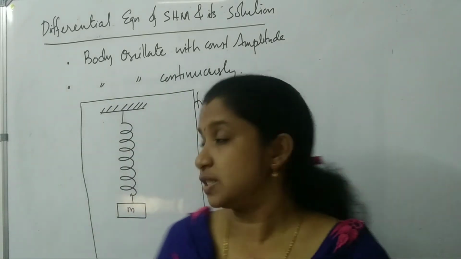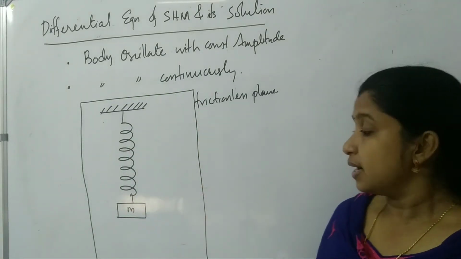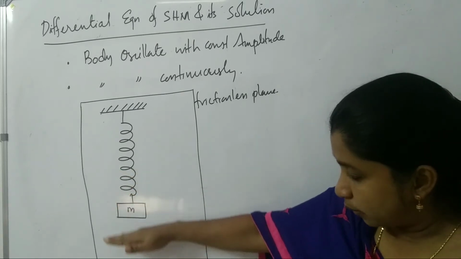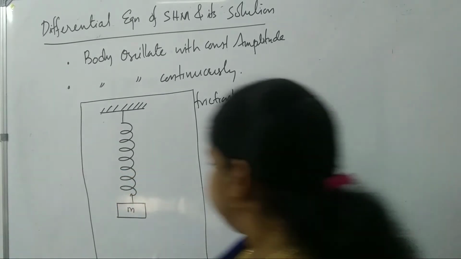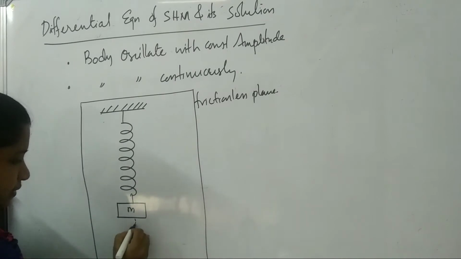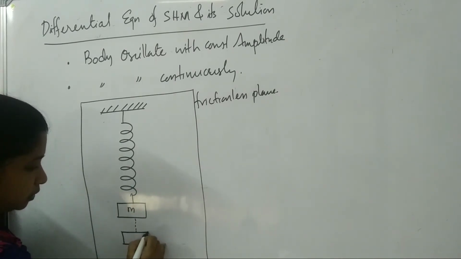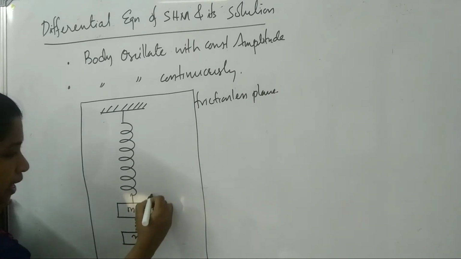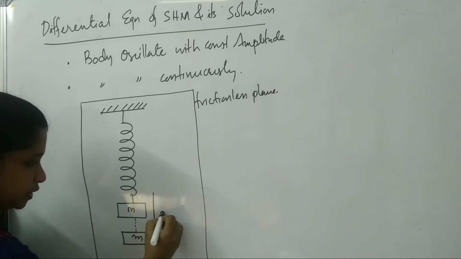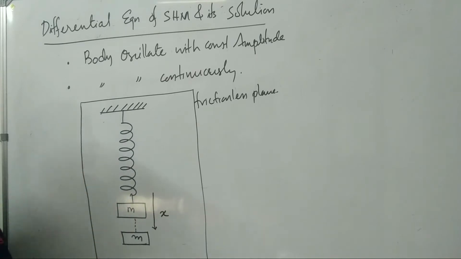What happens when this mass is suspended to the spring? The mass elongates in the downward direction, and x is the displacement of this body when it is suspended in the spring.